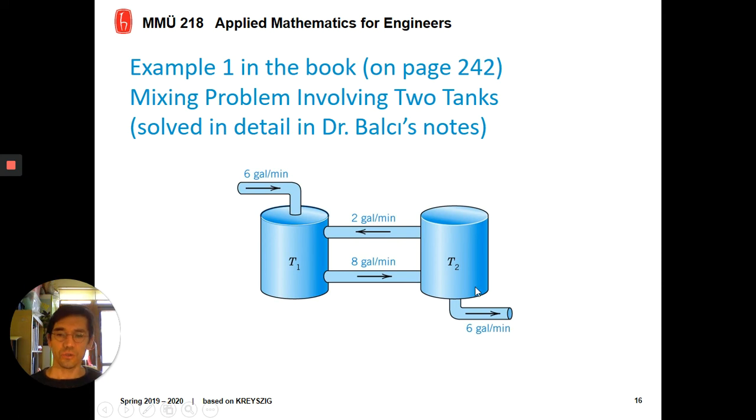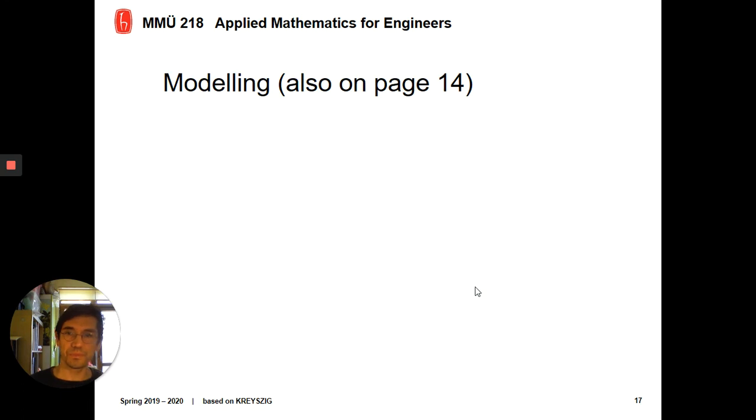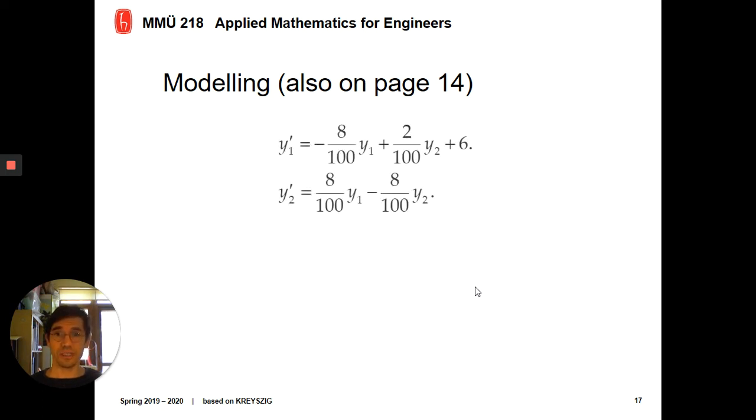I think you have modeled this in your previous course. The real modeling that you see here in terms of those differential equations appears on page 14 as well. So please remind yourselves that this is one story. The mathematics is united, so it's not a separate thing. It's the same thing that you can solve in another way.